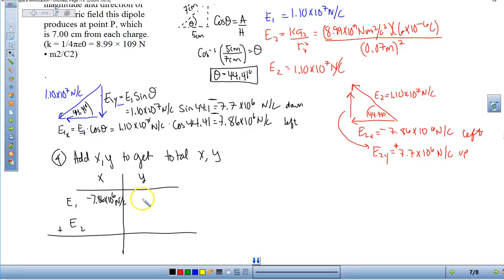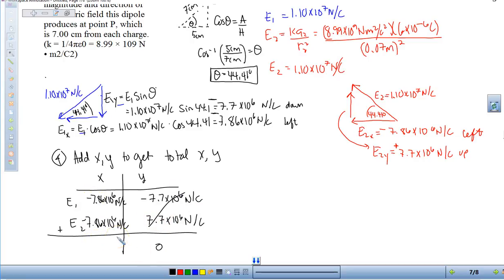My y is negative 7.7 times 10 to the 6 newtons per coulomb. My x for E2, it's the same number, but positive, which means they are going to cancel. So this is a nice 0 because they cancel.